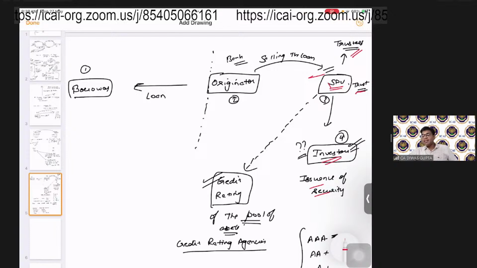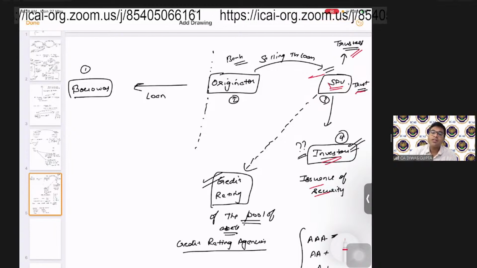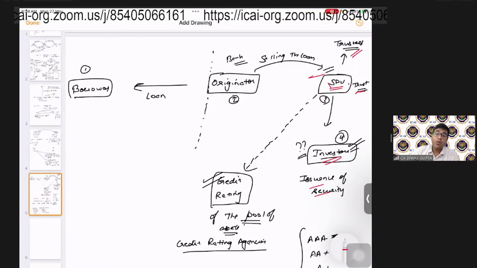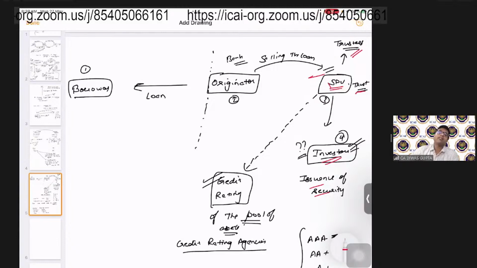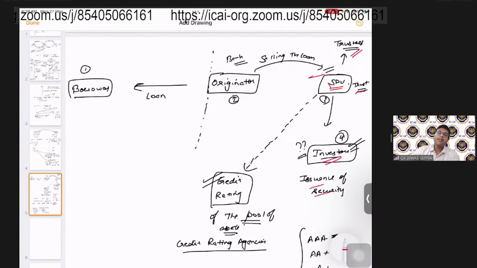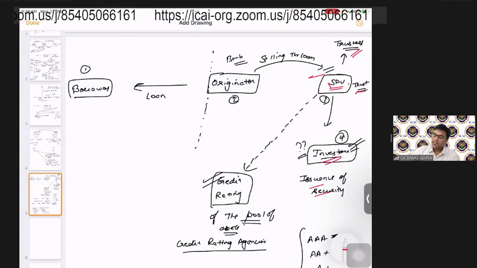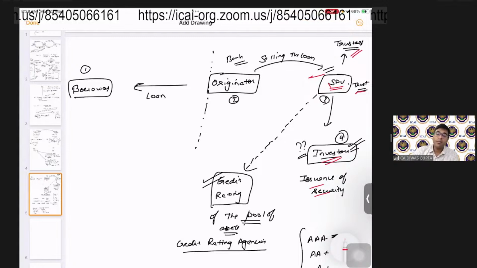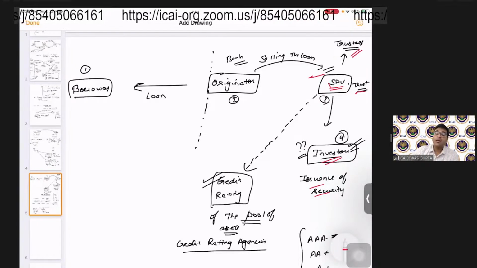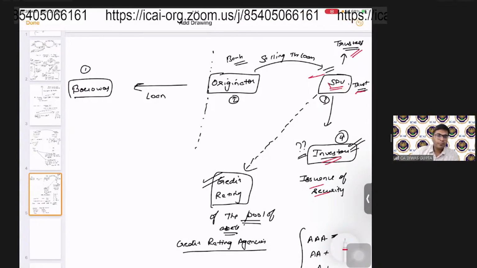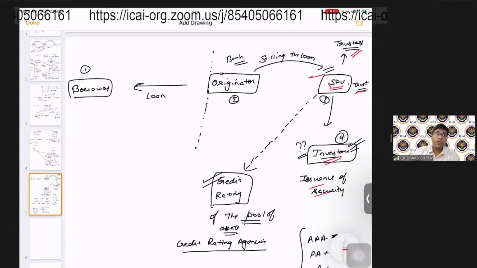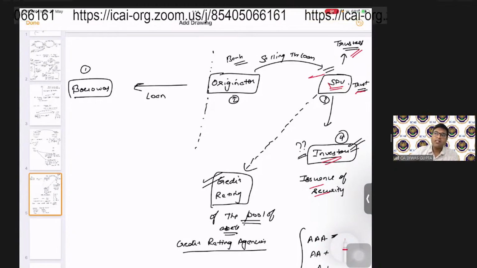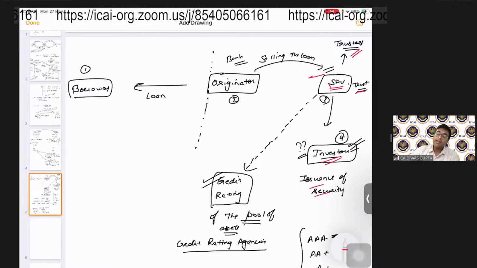Now, for investors to invest in the trust, they need some form of assurance that the assets which the SPV is going to purchase from the bank are actually good, and the default, if anything, is within the limits and is also known.